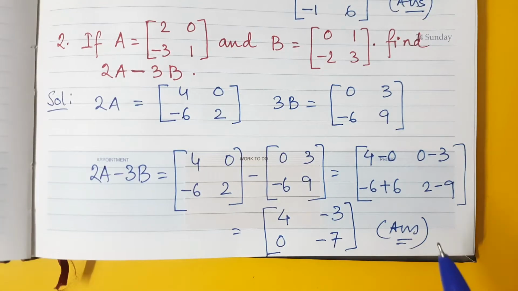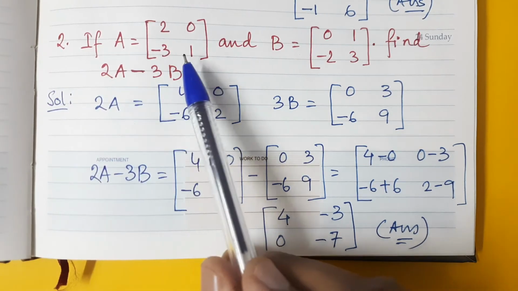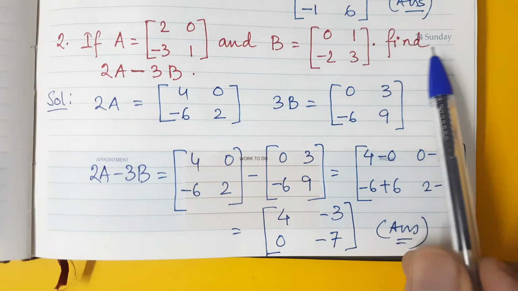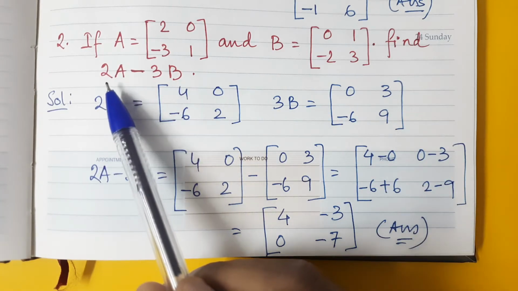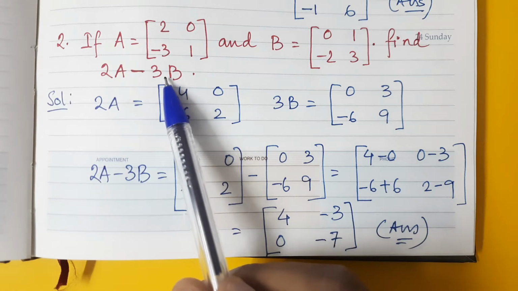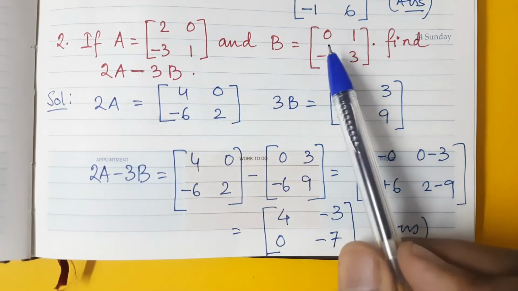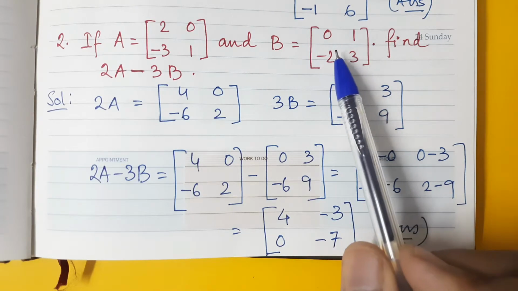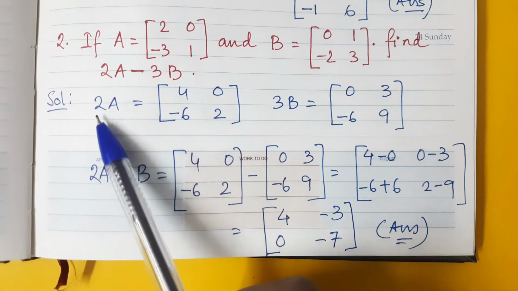Now this is problem number 2. Here A matrix is this and B matrix is this. We need to find 2A minus 3B. So we need 2A then 3B. That means we need to multiply this matrix A by 2, then we need to multiply this matrix B by 3. So 2A is 2 into this matrix.